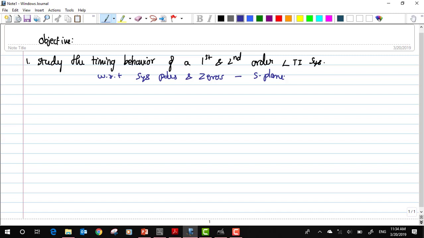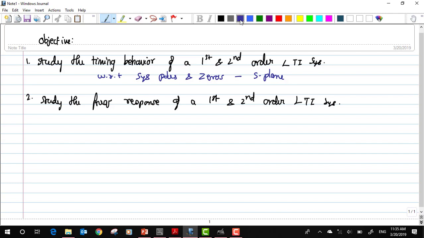Okay, so that is the first objective, and the second objective would be to study the frequency response. In this case, again I am going to use those system poles as well as zeros, but rather than using an S-plane, I am going to use a Bode plot.